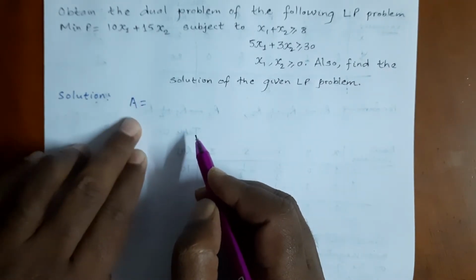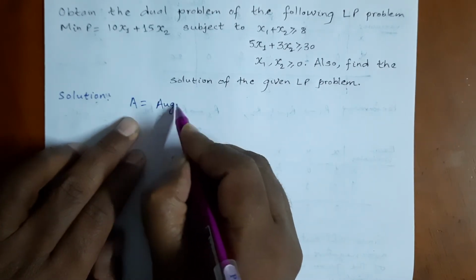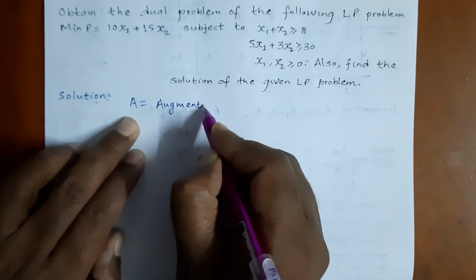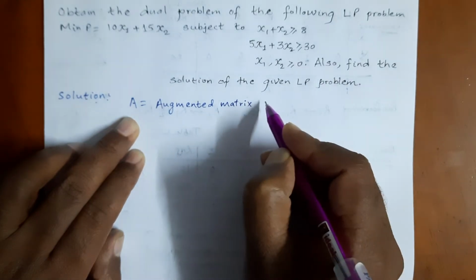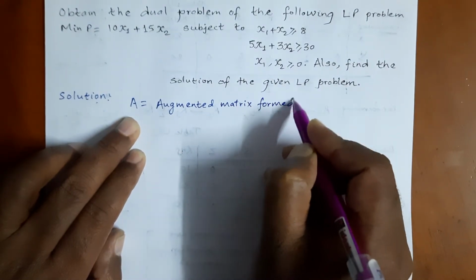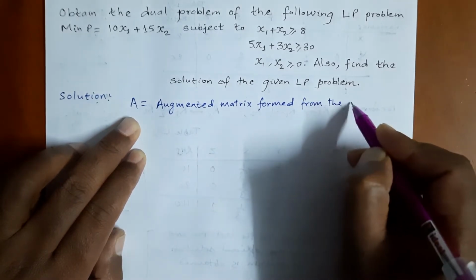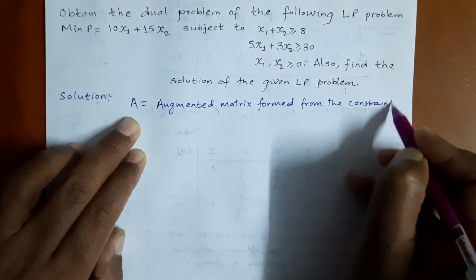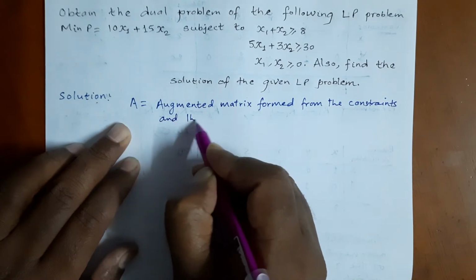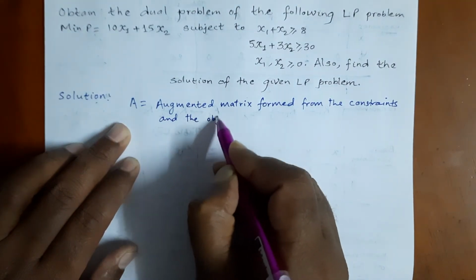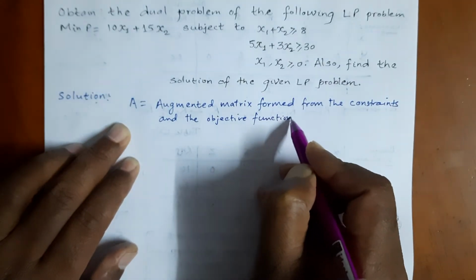Let us suppose that A equals to augmented matrix formed from the constraints and the objective function.